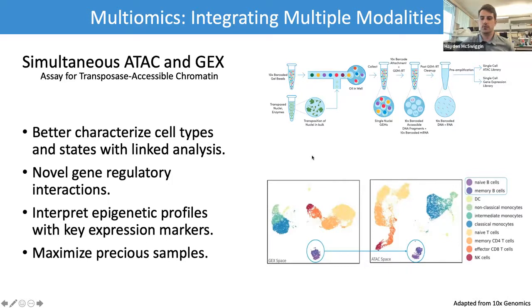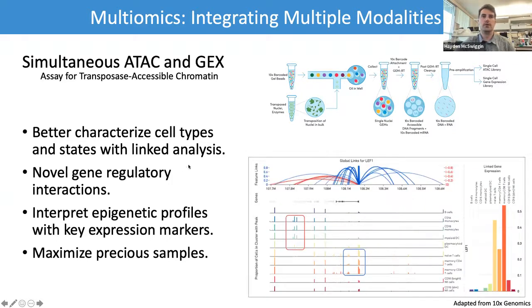And then you can also identify novel gene regulatory interactions and interpret epigenetic profiles with key expression markers. So this kind of shows the analysis that you would do in Loupe browser. Here we're looking at the expression of a specific gene, in this case, LEF1. And you can see the expression levels of this gene here.